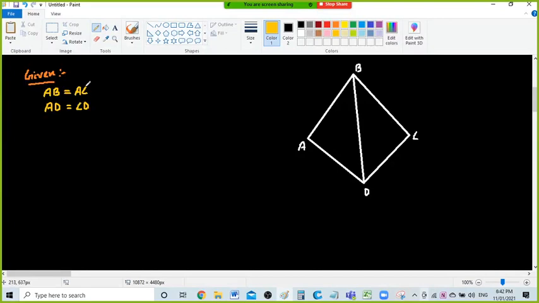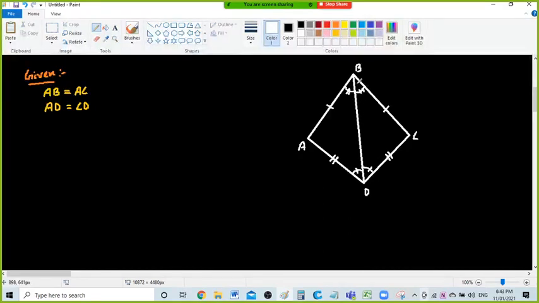Now, the next point is, let's say you have joined B and D, and now you have to prove that. Before going ahead, let me put some marks on this, as we have already seen, this will be helpful to you while solving a particular question. Now it is clearly visible that AD is equal to CD and AB equals BC, right? Now you have to prove that this angle equals this angle and this angle is equal to this angle.